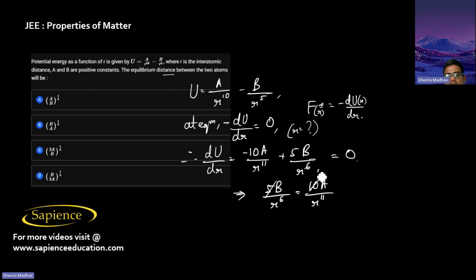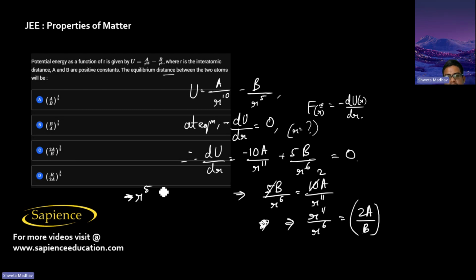So r power 11 by r power 6 will be equal to 2a by b.